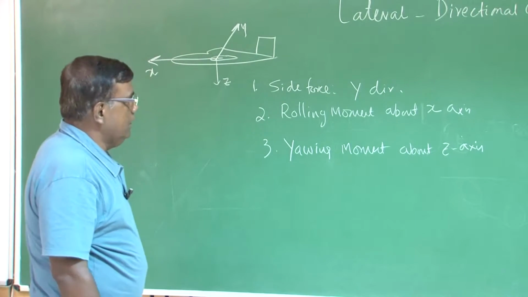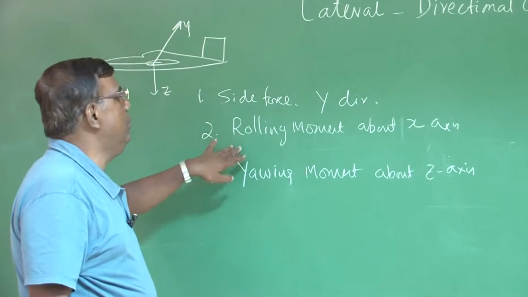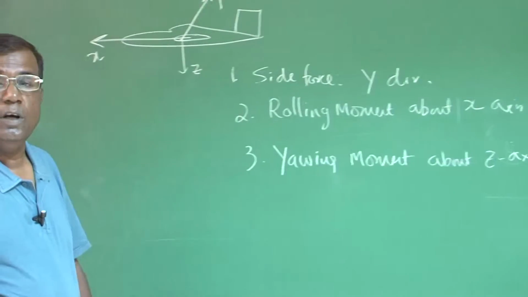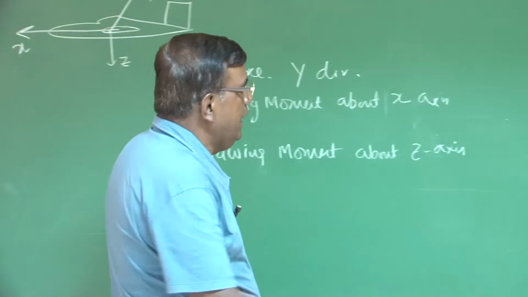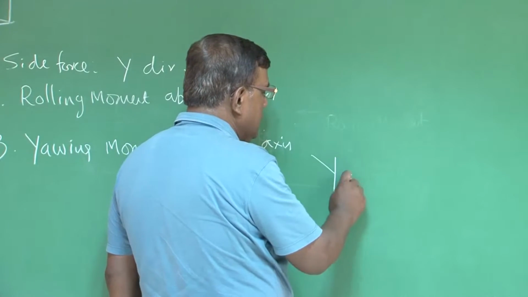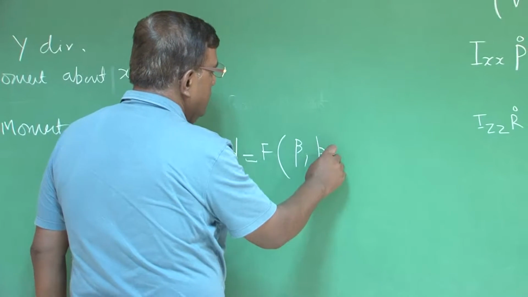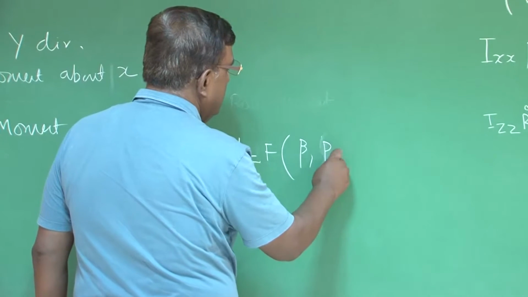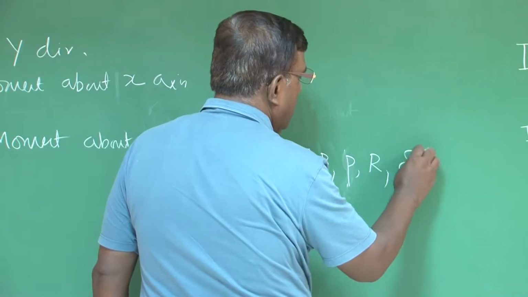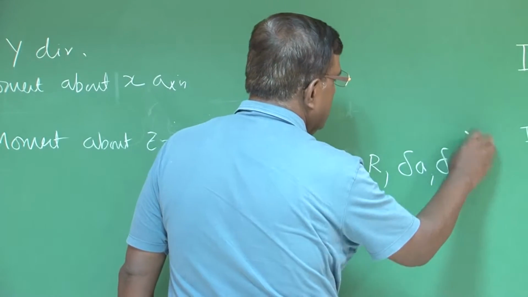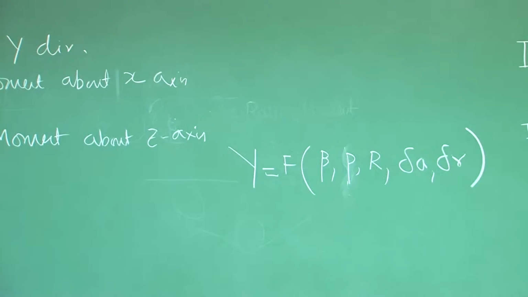Right. Now, the next question comes, how do I functionalize the side force, rolling moment and yawing moment in terms of control variables and motion variables, right. So, if I write Y as side force, I write it as a function of beta, let us say roll rate, yaw rate, aileron deflection and rudder deflection. We are talking about small angles and small perturbations.